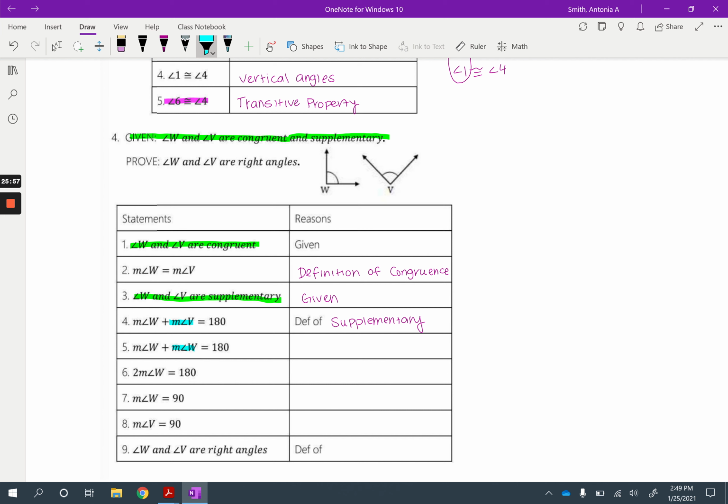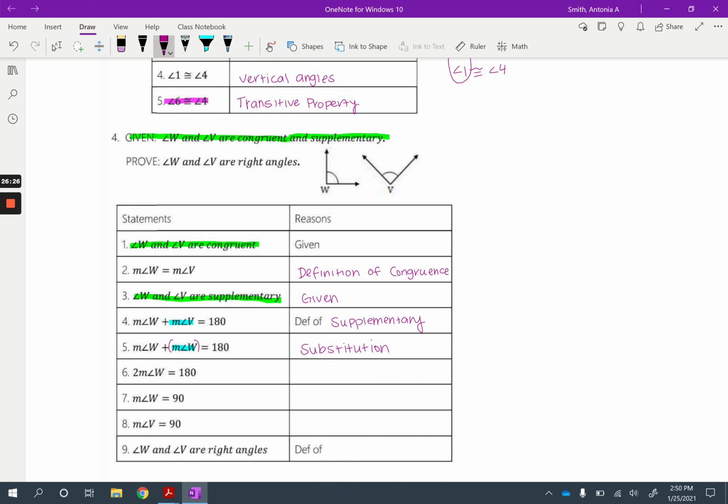Well, let's go back to statement 2, right? Statement 2 says that those things are equal to each other. So I can replace them with one another. And whenever I replace something, I call it substitution. And in my class, normally, I put parentheses around it. But that's just substitution. I'm substituting one thing for another because they are the same.